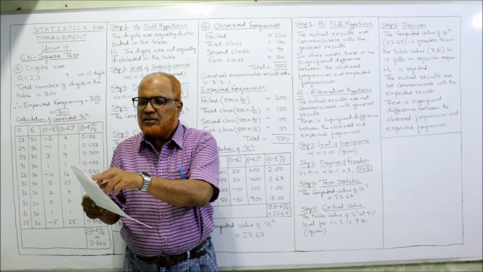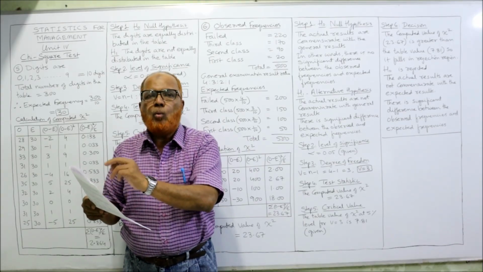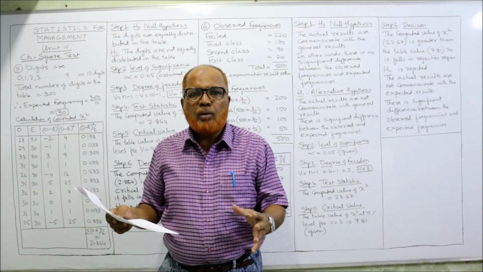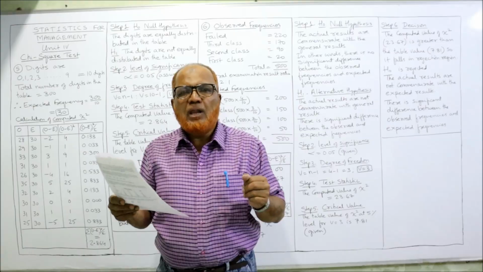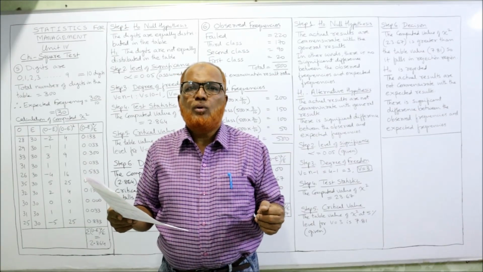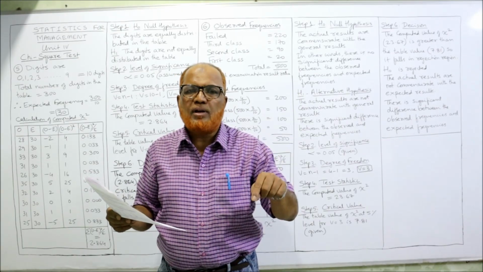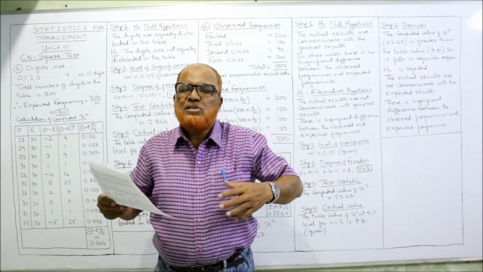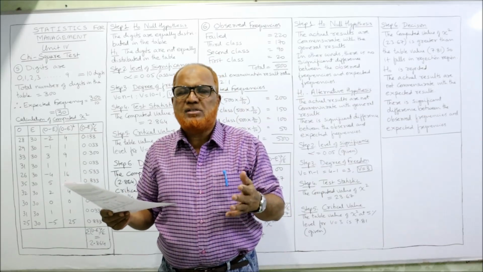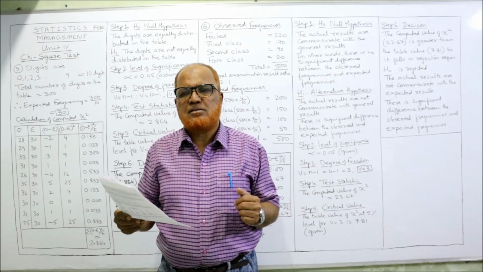So 4 by 10, 3 by 10, 2 by 10, 1 by 10. Normally, the results will come in this ratio. Now it is asking you to check whether the actual result is commensurate with the expected result. That means there should not be any difference between observed and expected results.